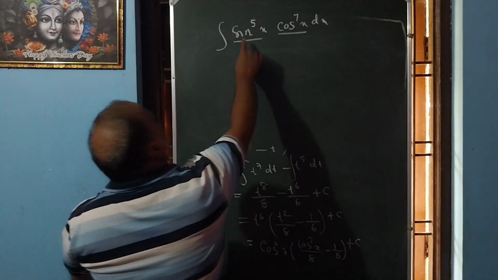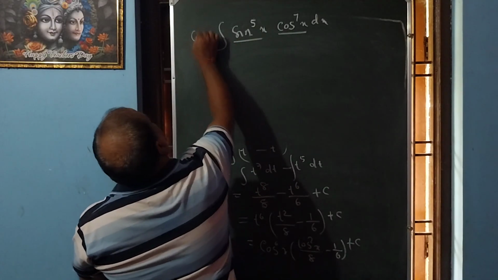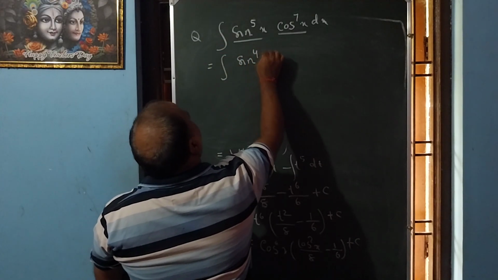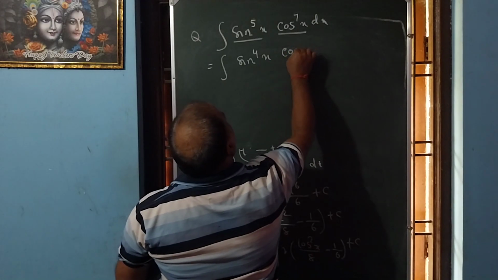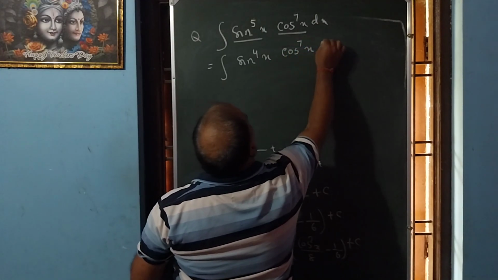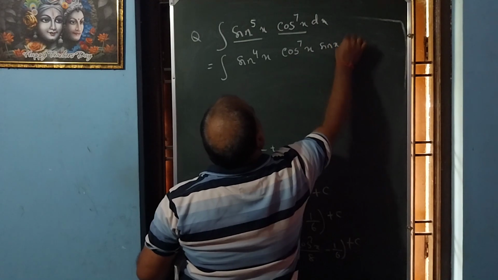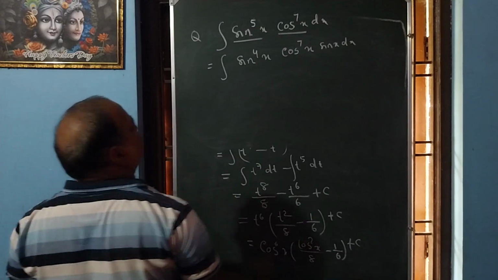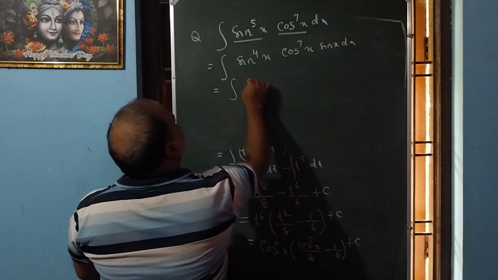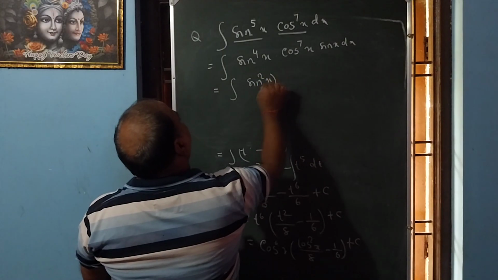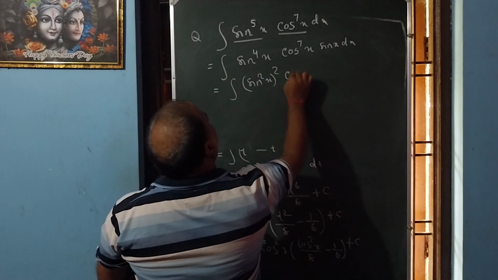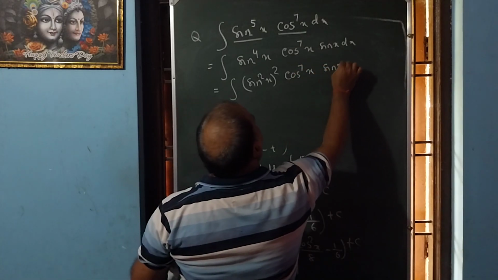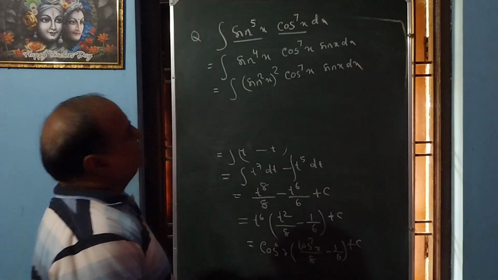So we have to break this as sin⁴x into cos⁷x into sin x dx. Now sin⁴x can be written as (sin²x) whole square into cos⁷x into sin x dx.